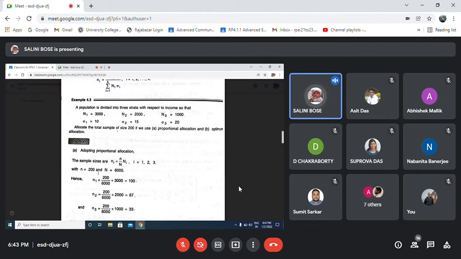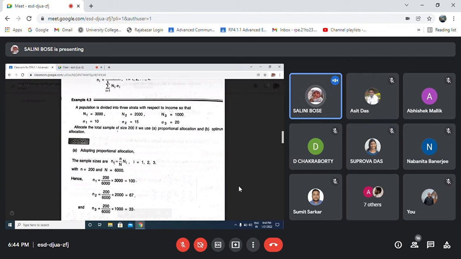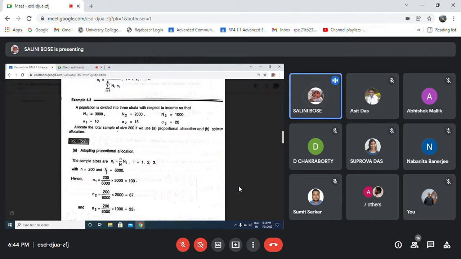Small n is 200, capital N is, I mean already said, n1 plus n2 plus n3, that is 6000. So small n1 is equal to sample size n by capital N, that is 200 by 6000 into Ni. Which Ni? We are doing with strata 1. So my strata 1 has the population unit 3000. So into 3000. Clear?